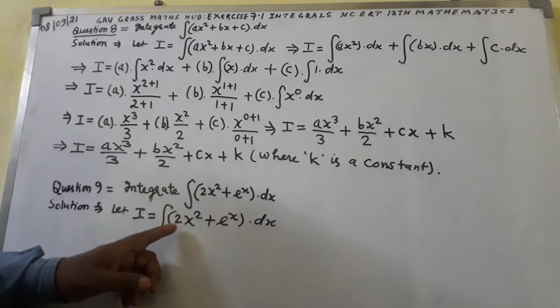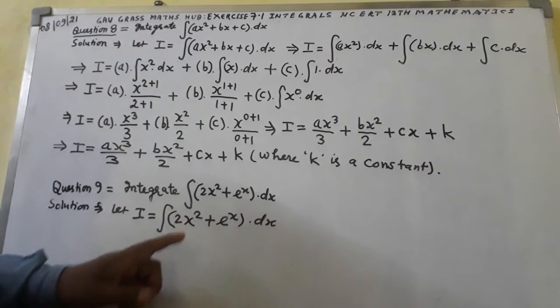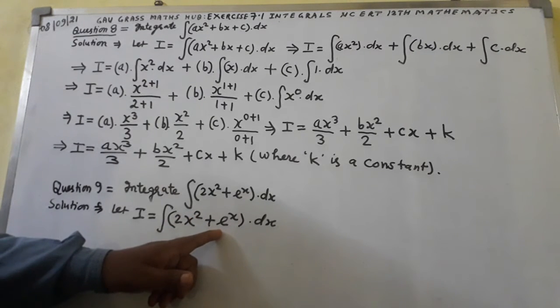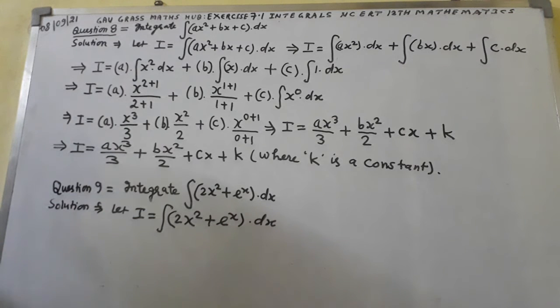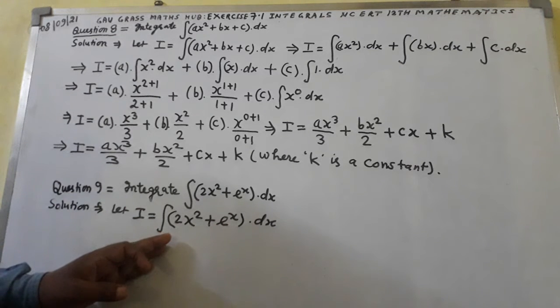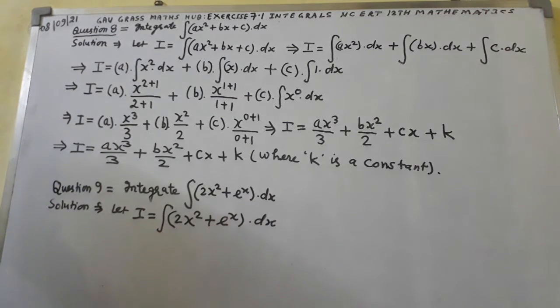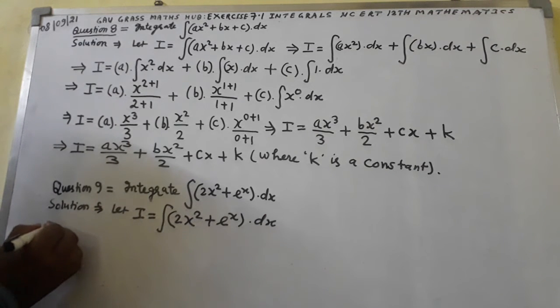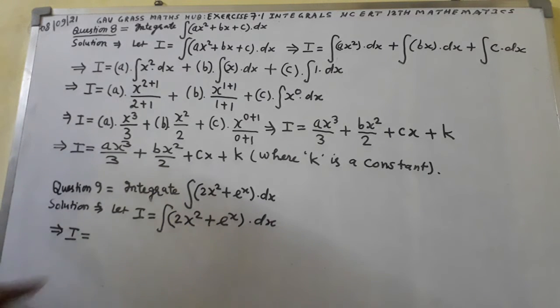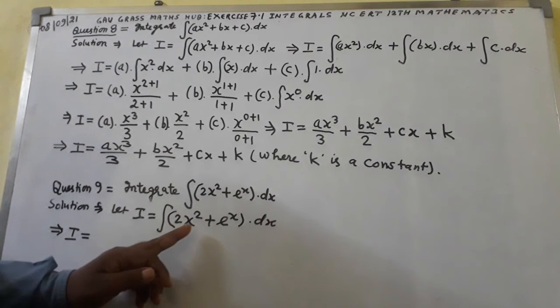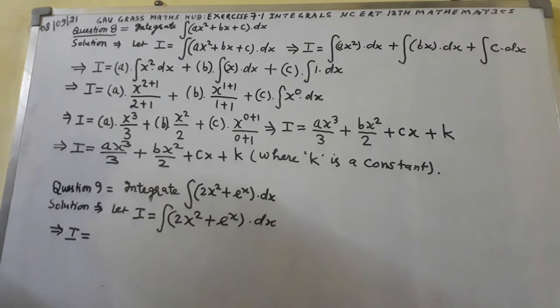Here 2x square is the first term, e raised to the power x is the second term. On separating both terms, we shall get implied that I equal to, here 2 is multiplied to x square, the 2 will be popped out.